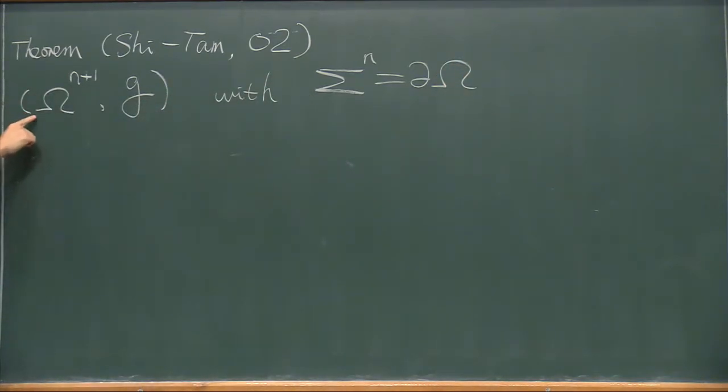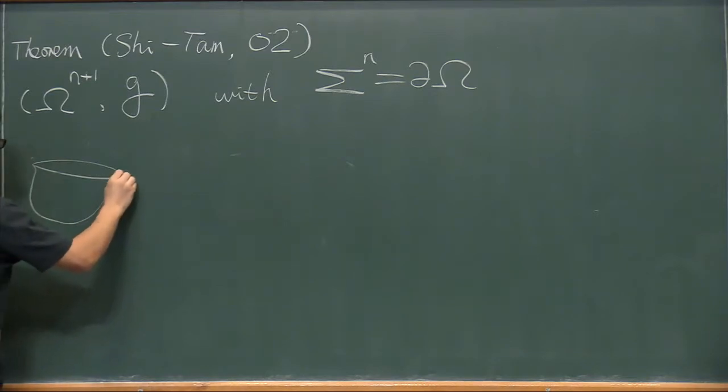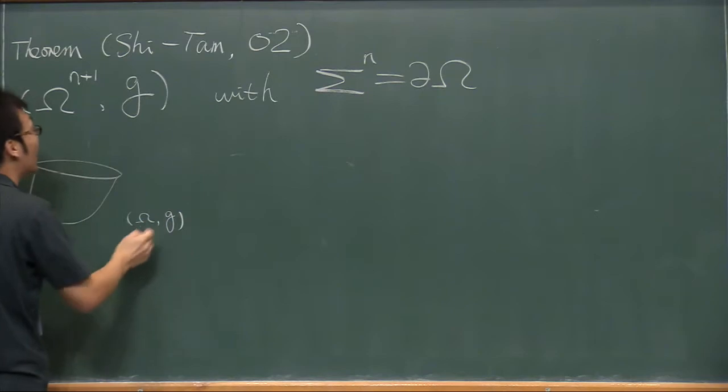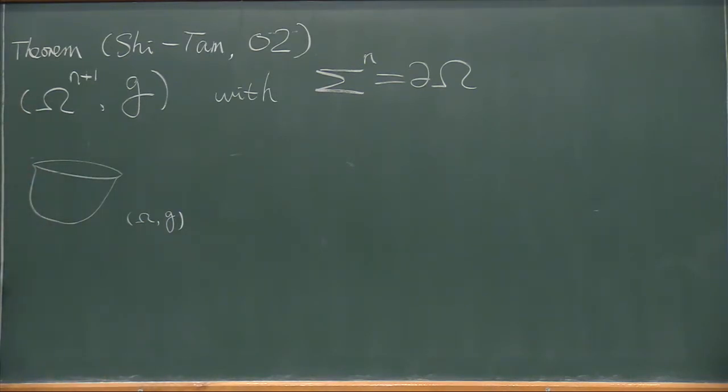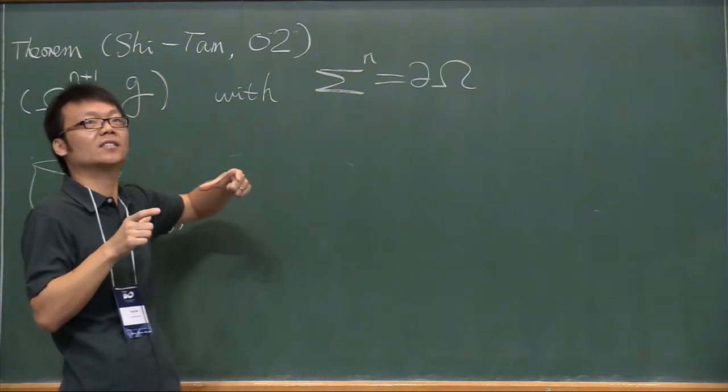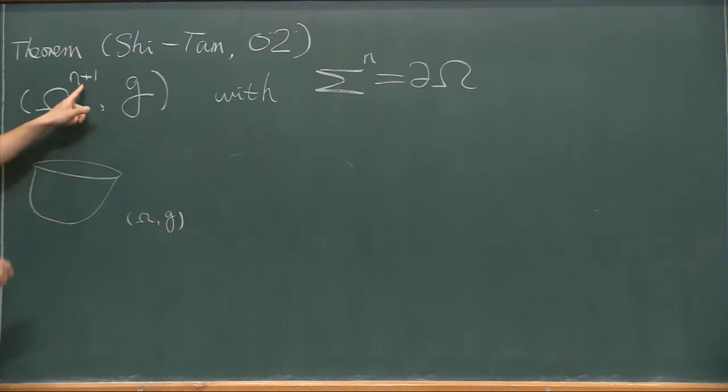Here is a picture. In this talk, we use n to denote the dimension of the boundary. So the manifold Omega will be n plus 1 dimensional.